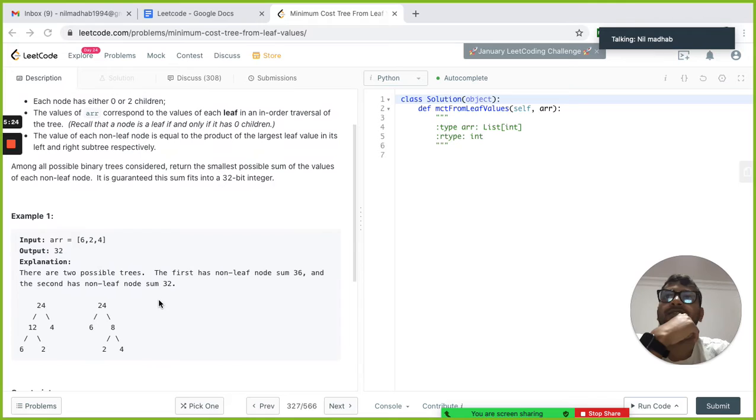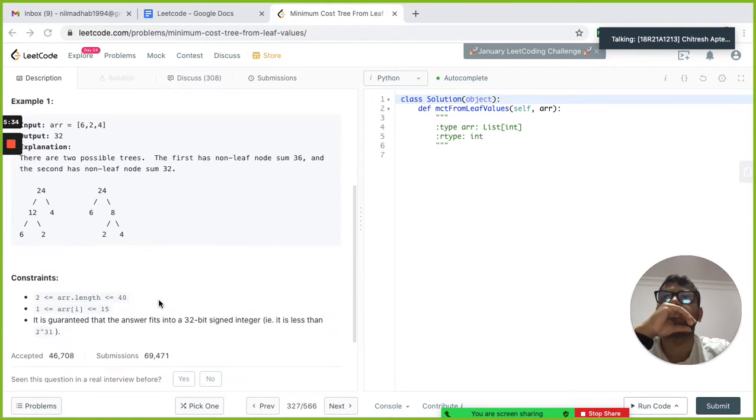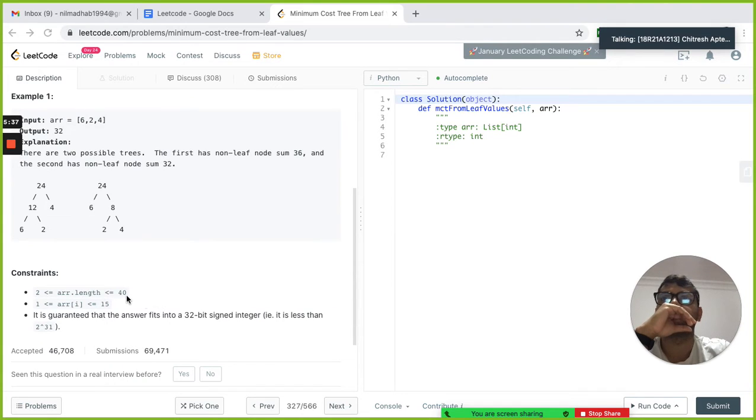So how would you guys try to solve it? Can we have a look at constraints? Yes. If you take the brute force, you generate all possible trees and find out the least sum, right?